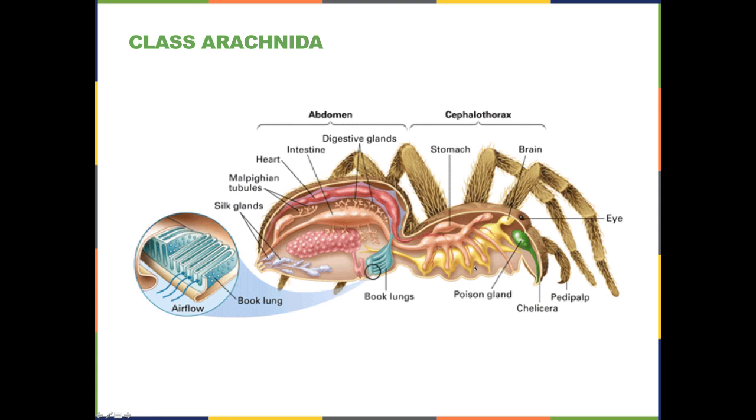Now when we look at the way in which spiders take in oxygen, again, they take in oxygen through an organ called a book lung. And here's the book lung here. Blood flows through this book lung as the air moves on the outside, and you have basically an exchange pocket here with a lot of surface area for oxygen to move into the blood and out of the air, and for carbon dioxide and other waste products to move out of the blood and into the air.